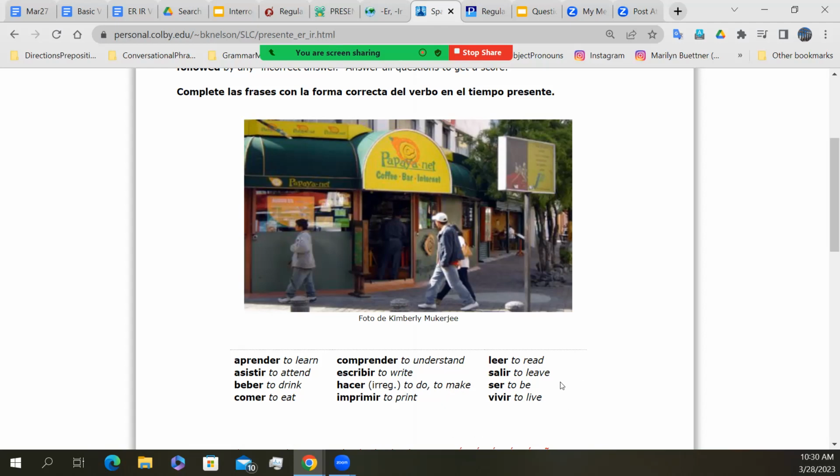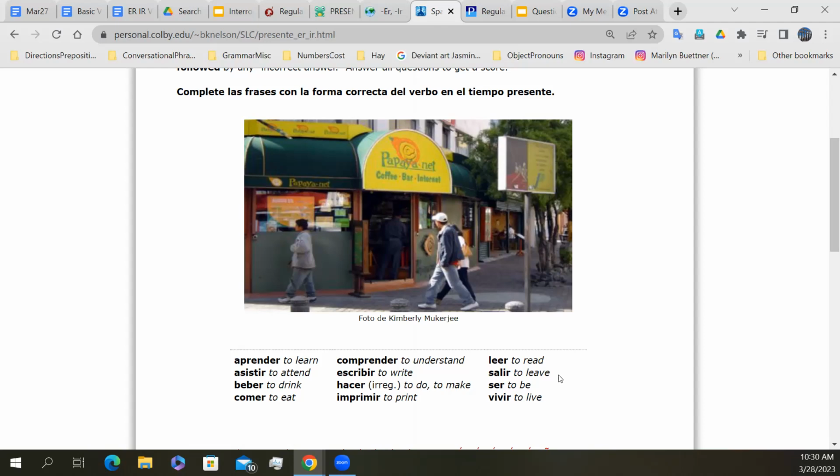Imprimir, to print, is totally regular. Leer, you've had. Salir means to leave a place, to go out of a place. Salir also means to go out with people, like you go out with your friends or you go out on a date. Okay. Salir also gets a go ending for yo, but it will be totally regular for all the other forms.